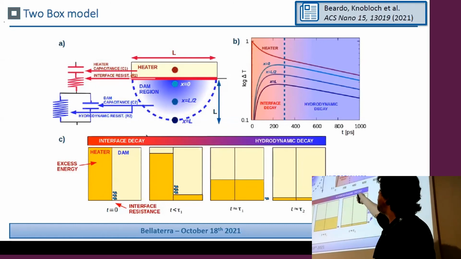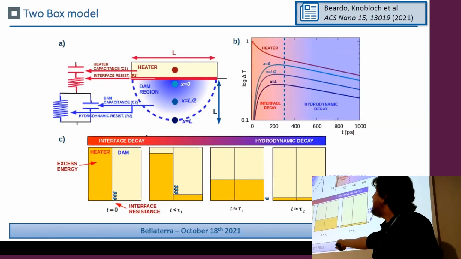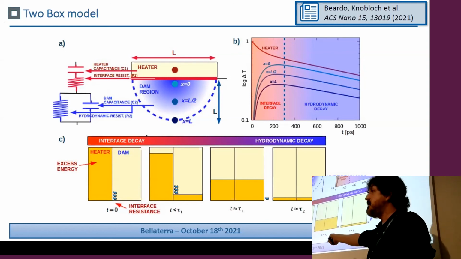At the very beginning, the Laplacian is zero because you don't have any flux. You have a decay here that is just because the TBR is very fast, this one here.